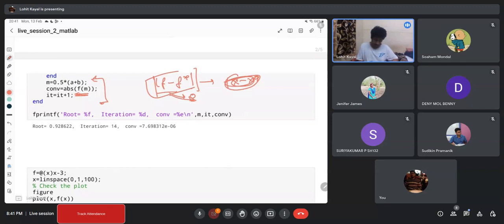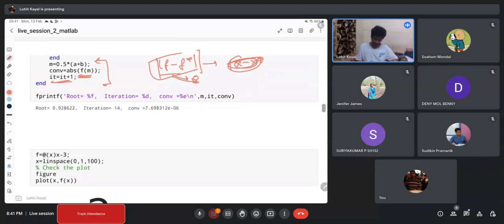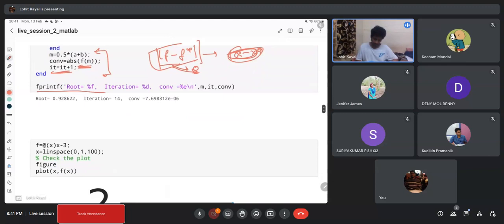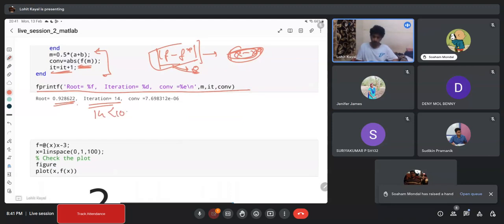So conf equal to abs of fm; abs is the absolute value, this is how to write absolute value in MATLAB. And it equals it plus 1. After that, just do the same thing. Here the root is 0.928662. The iteration count is 14, which is much smaller than 100, and this is the convergence, the error.